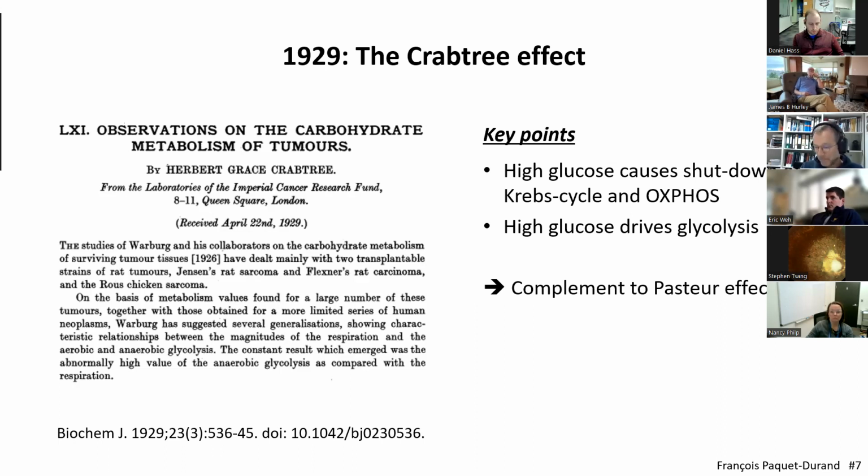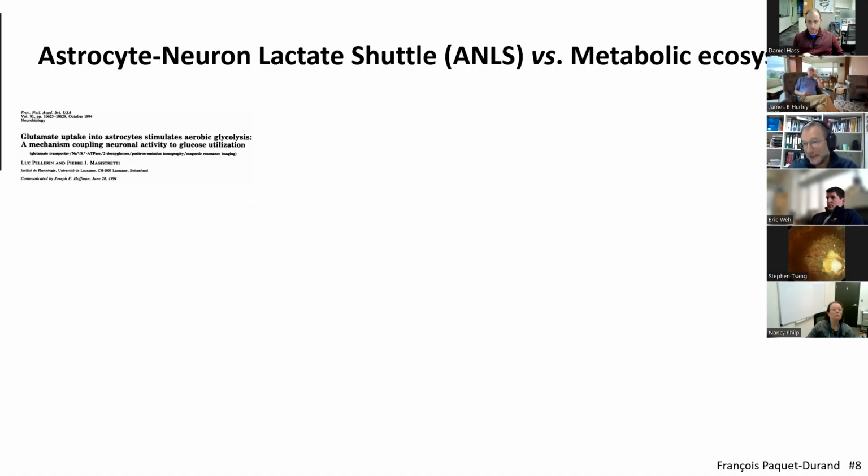So what does that have to do with the retina? I have to talk a little bit about another problem. I mentioned that glycolysis and oxidative phosphorylation are kind of kinetically incompatible. They're thought to be coupled via pyruvate, but kinetically this doesn't really work. And I'm not the first one to find this out.